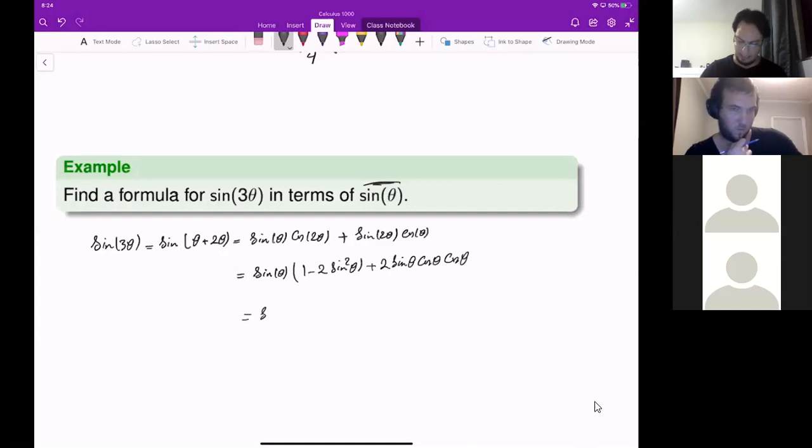This is sine theta. Oh, by the way, see, there is a factor sine theta, so I can factor that out. And then the remaining is 1 minus 2 sine squared theta plus, well, cosine theta times cosine theta is cosine squared theta.